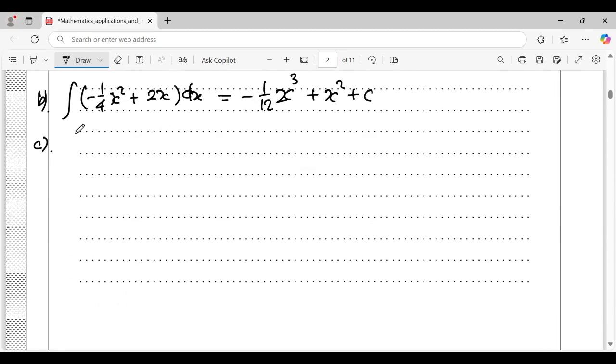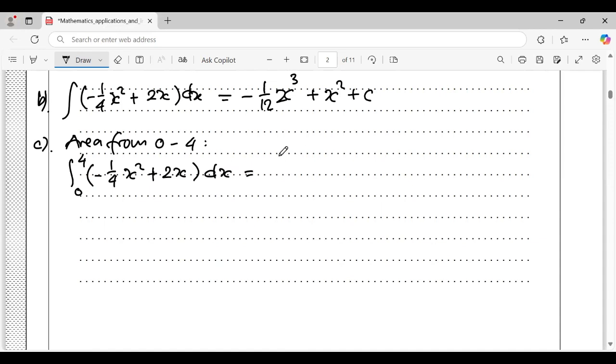All right, so let's calculate the area from 0 to 4. Integral 0 to 4. The function is minus 1/4 x squared plus 2x dx, which is minus 1/12 x cubed plus x squared.